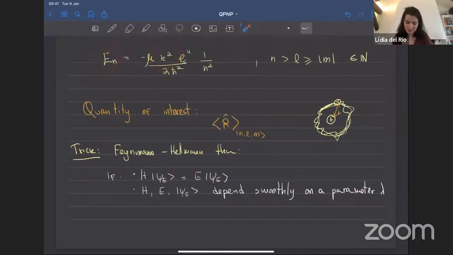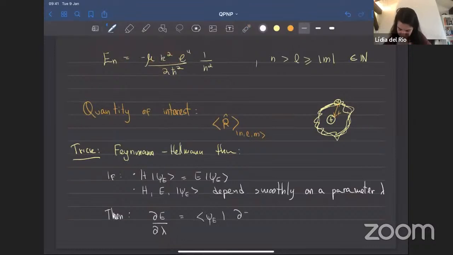So if we have this kind of situation, then if you do the derivative, for example, the derivative of this function with respect to this constant k, this is the same as the expectation of the derivative of H. Okay, so there we are.